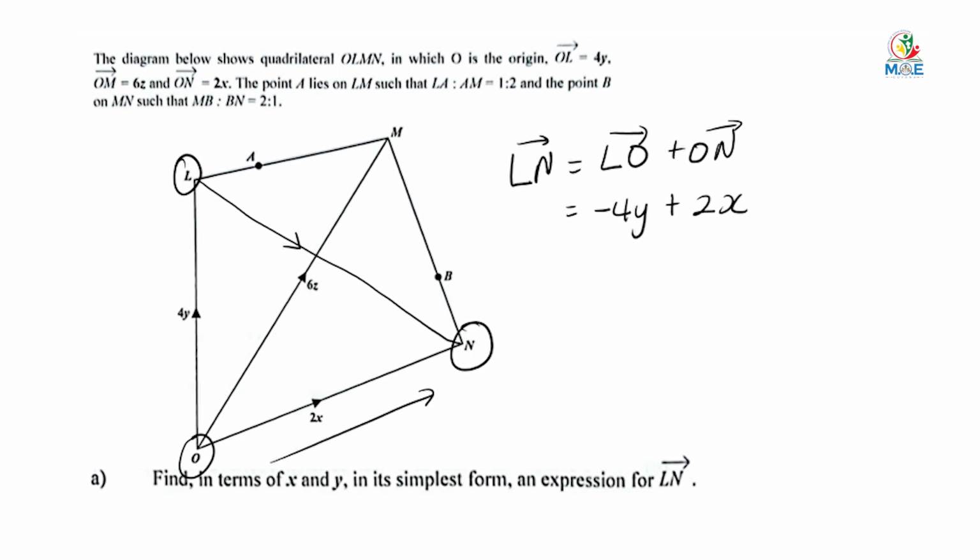So we can simplify this and write 2x minus 4y, and this would be equal to LN. And that is as easy as that.